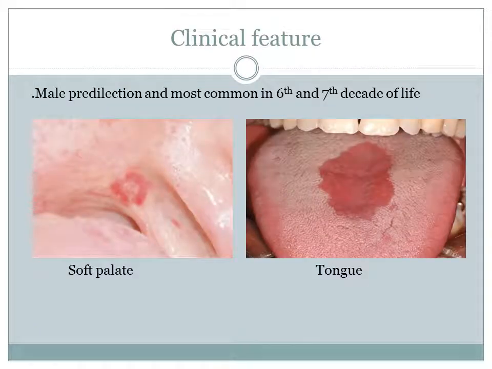Clinical features: it's red, as we see, there is a red patch. It most commonly presents in the floor of the mouth, and may be present on the tongue and the mucosa. It is usually asymptomatic, may be smooth or nodular, and occurs more in males in the sixth and seventh decade of life.